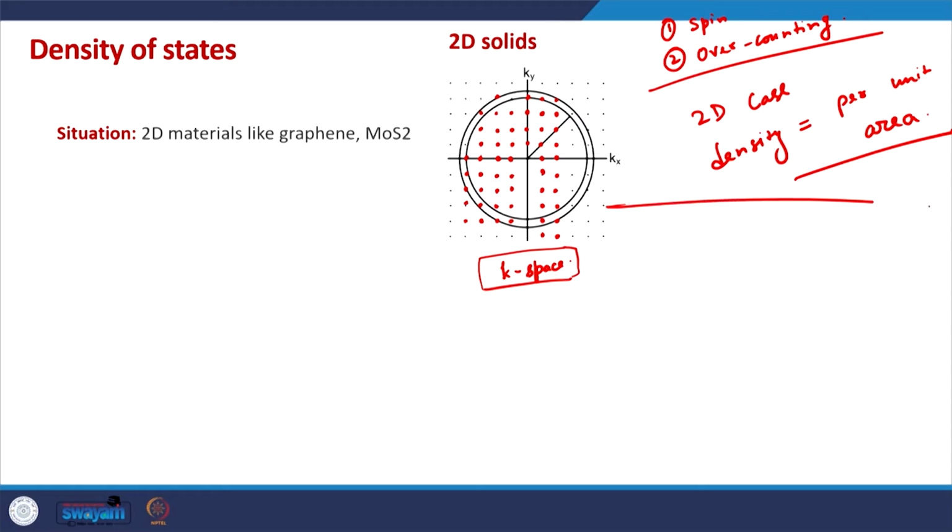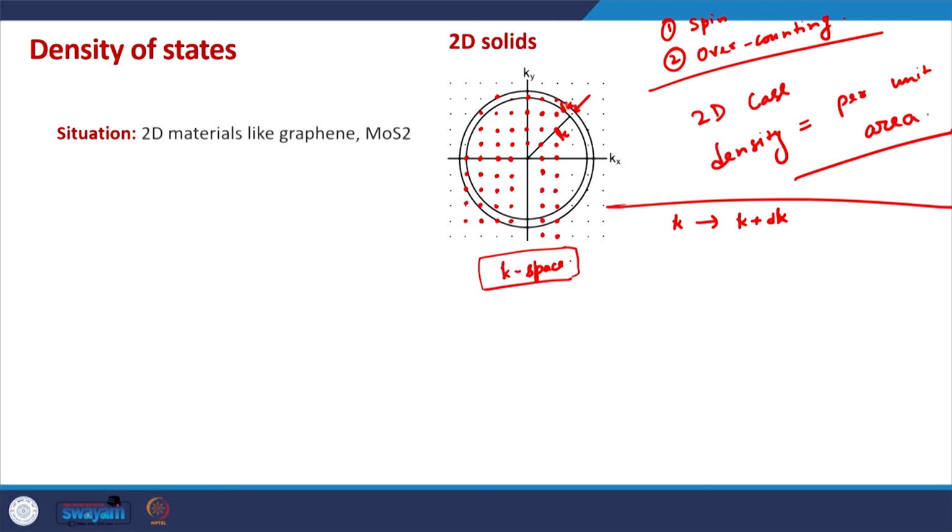So, in order to find out the number of allowed k points in the range from k to k plus dk, we draw a circular ring whose inner radius is k and outer radius is k plus dk.